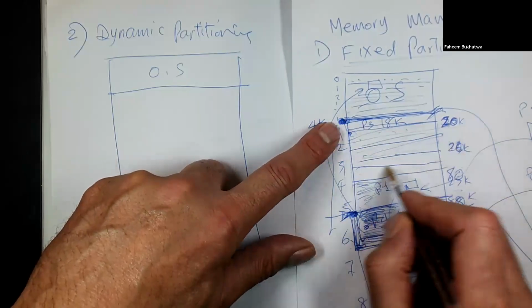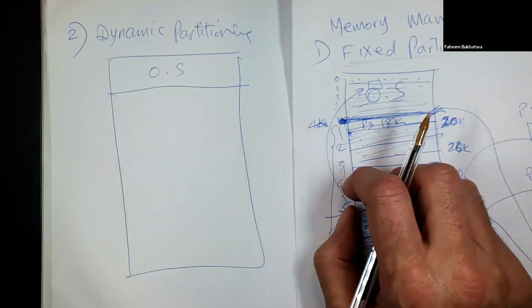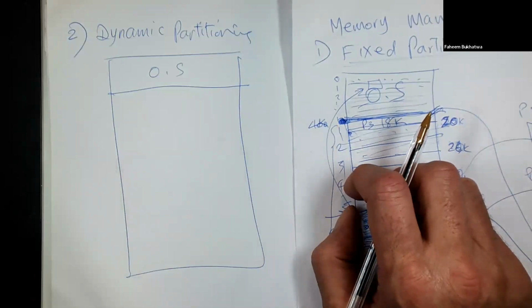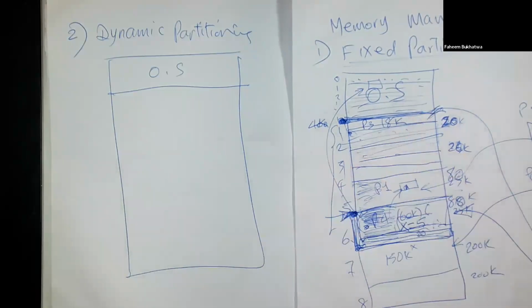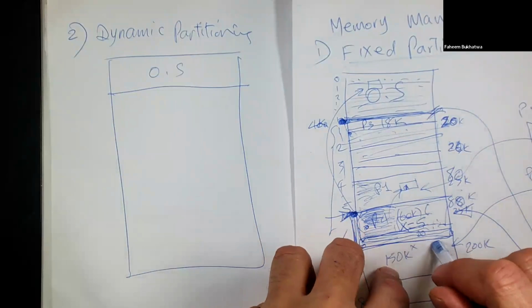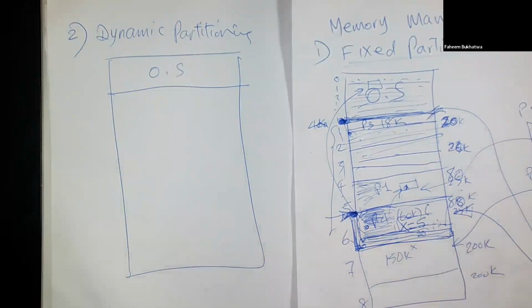Start dividing this into variable size blocks. And the idea is they're different size blocks. So if it gets a big program, it'll try to allocate it a big block. If it gets a small program, it tries to allocate it into a small block. So hopefully it'll accommodate everyone.